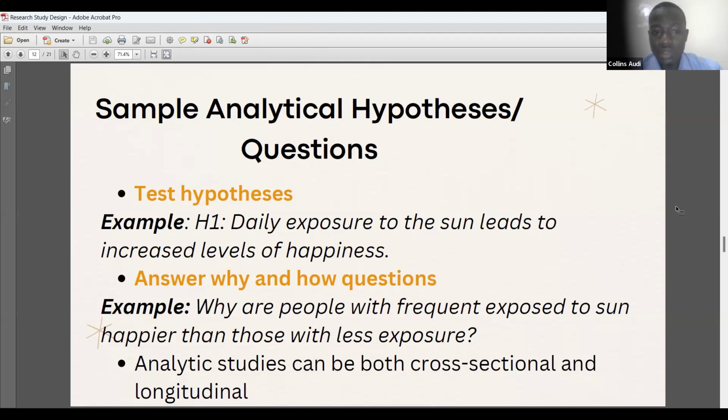I think I had a confusion there, sorry. So from this, we might say, why are people with frequent exposure to sun happier than those with less exposure? So that's a sample research question.